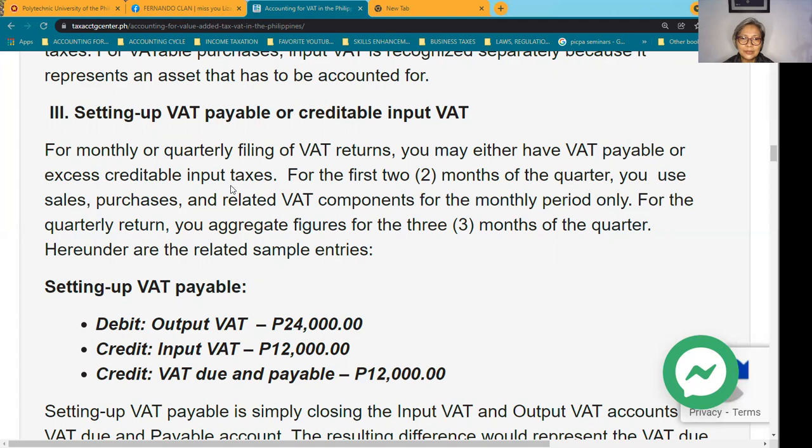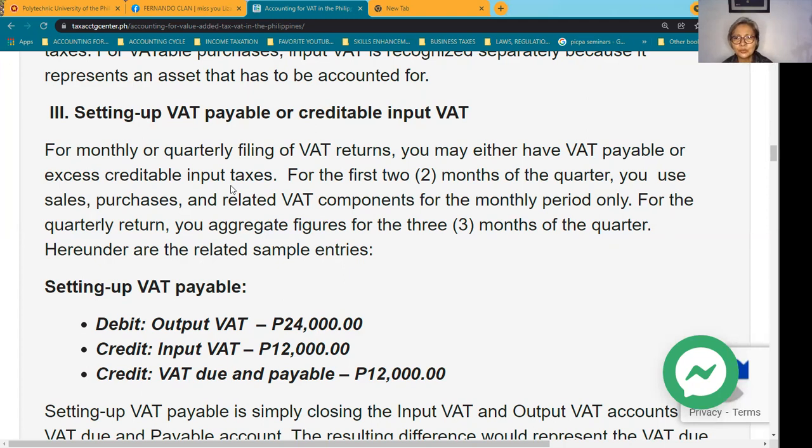Pero kung mas malaki yung input tax mo, meaning mas madami yung purchases mo kesa sa sales mo, yung excess ng input sa output will be VAT credit which can be refunded or can be applied to other taxes. So hihingi ka ng VAT refund para sa mga excess ng VAT input.